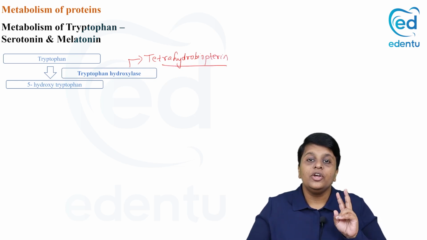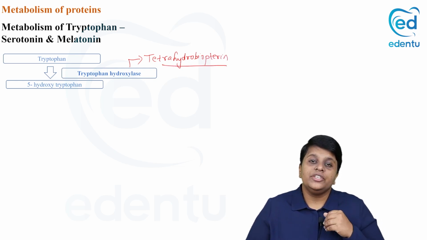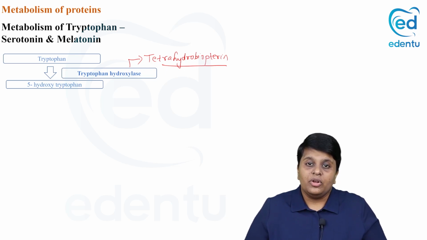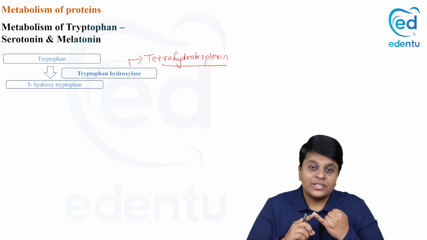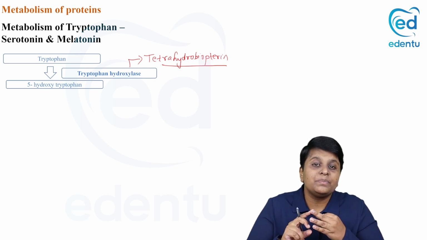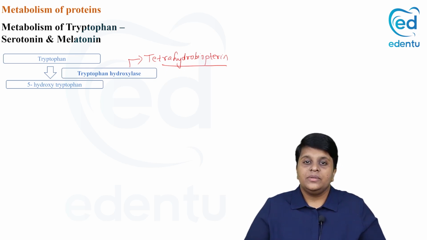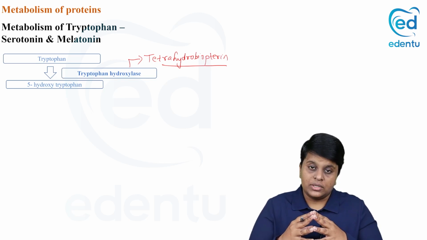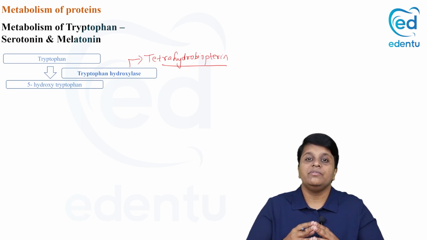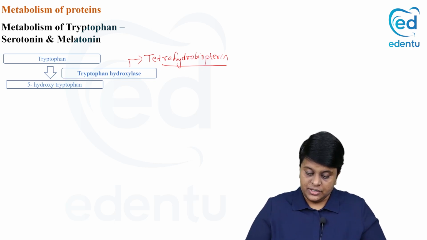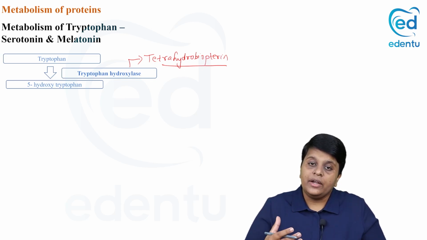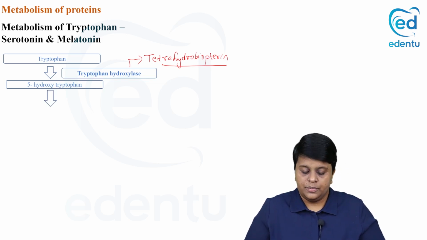We have heard it in 2 places with relation to amino acid metabolism: phenylalanine hydroxylase, tyrosine hydroxylase, and now the third enzyme, that is tryptophan hydroxylase. These three enzymes require tetrahydrobiopterin as the coenzyme. In addition, there is also nitric oxide synthase which requires this, which we will see in the next sessions. So now this tryptophan hydroxylase will convert tryptophan into 5-hydroxytryptophan.